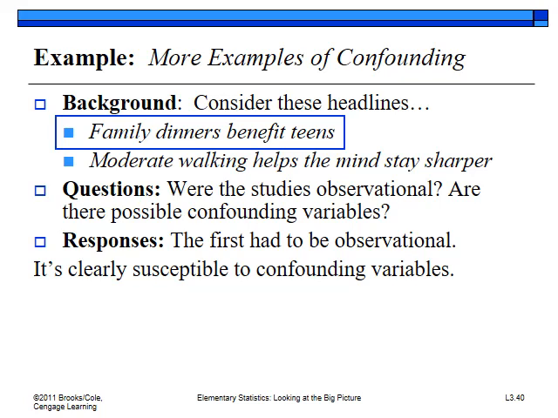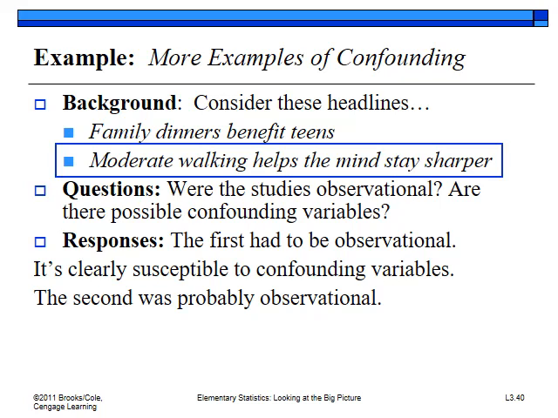If families frequently eat dinner together, that means that the parental ties to their children are probably stronger. The headline doesn't make it clear what the benefit to the teens is, but I'm skeptical.